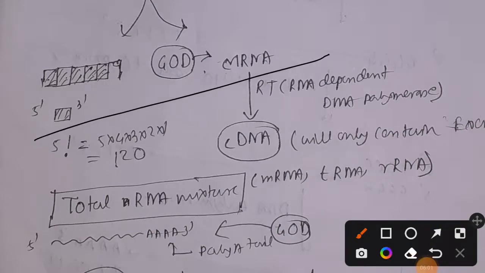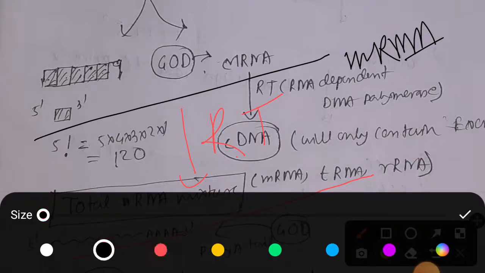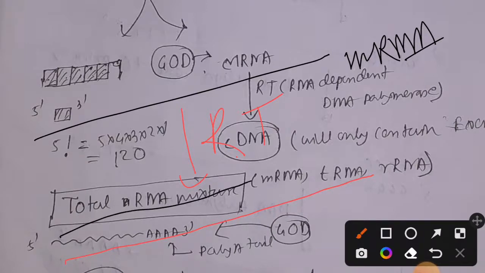That means suppose that this black line is an mRNA or any kind of RNA molecule. Under such circumstances, if we apply reverse transcriptase, then it will generate a DNA molecule which will be exactly complementary to the mRNA molecule. Why?